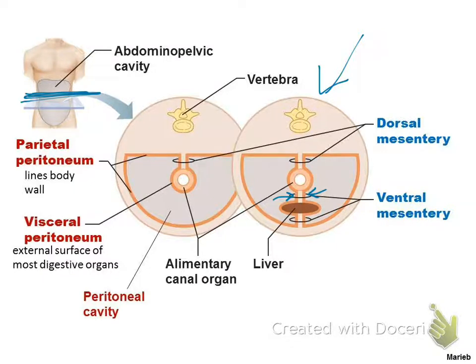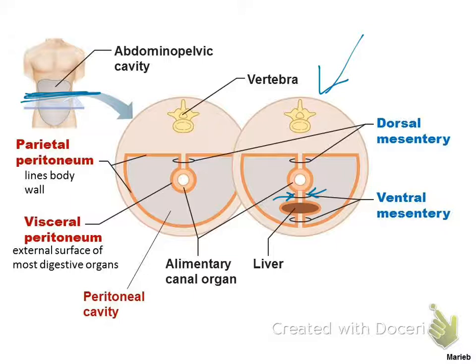And there's a space in between, which is not the peritoneal cavity space. That's a space outside of the peritoneum. So that's a space for our blood vessels to go through, where I drew that little blue line and then just deleted it. You guys with me? Okay.